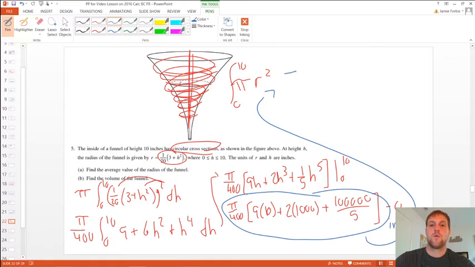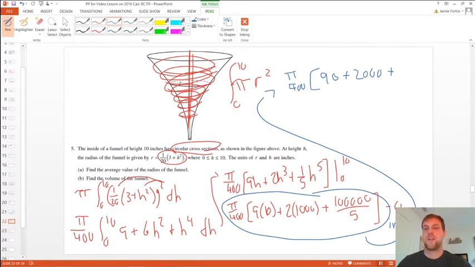That's pi over 400. And combining the inside, that's 90 plus 2,000 plus, and then 100,000 divided by 5 is 20,000.